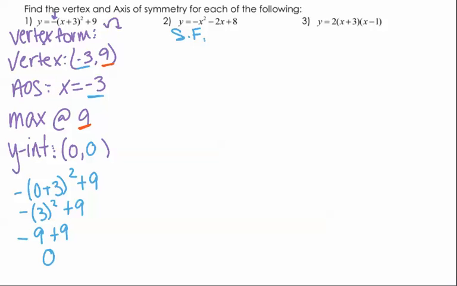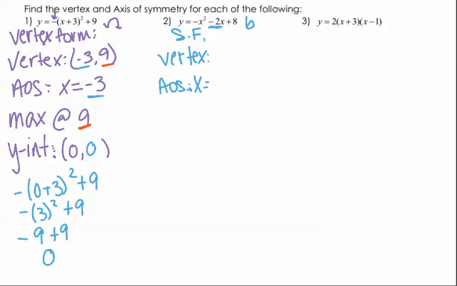Now I'm going to go ahead and find my vertex. But in order to find your vertex with standard form, you have to first find your axis of symmetry. And you're going to do that by using the equation x equals negative b over 2a. So what does that mean? Well, my b value here is the whole thing, the negative 2.